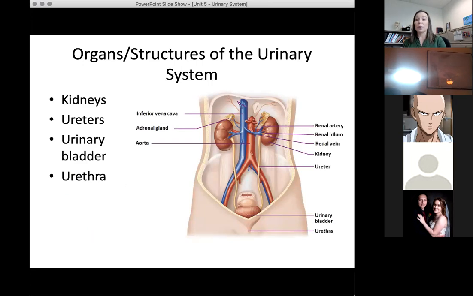And really what they're doing is filtering your blood to remove any excess substances, any waste products, any harmful byproducts of metabolism, for instance. So the organs and structures that are involved with the urinary system are listed. First thing in your outline, there are the 2 kidneys, which are the actual organs that filter blood to produce urine.